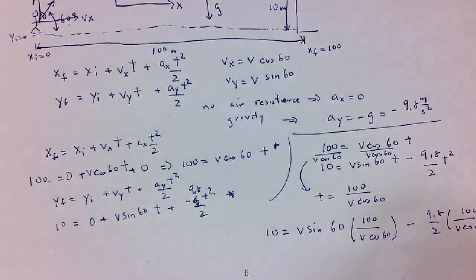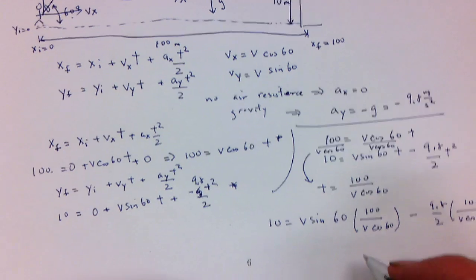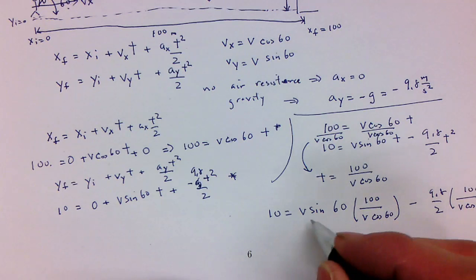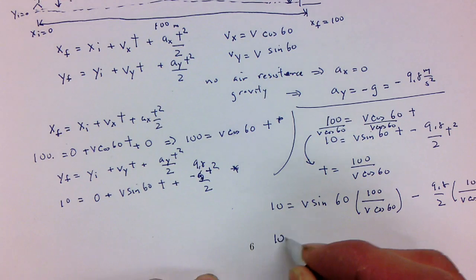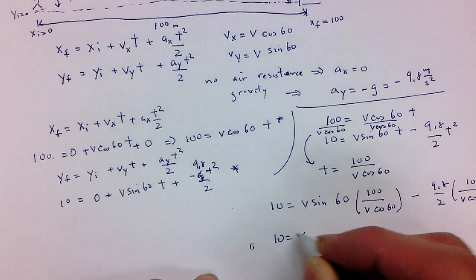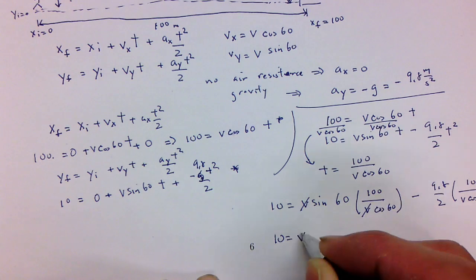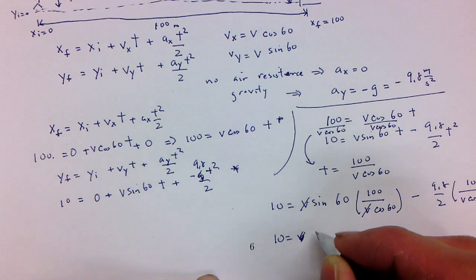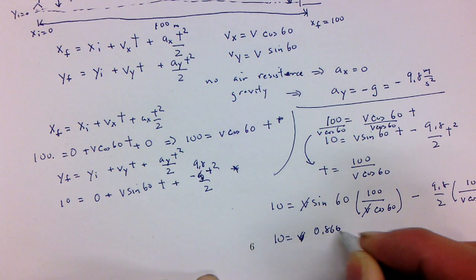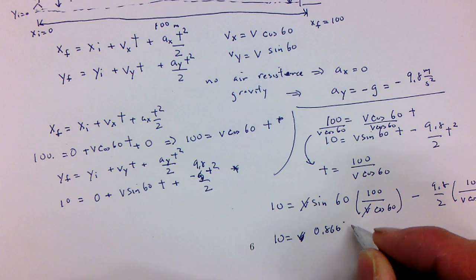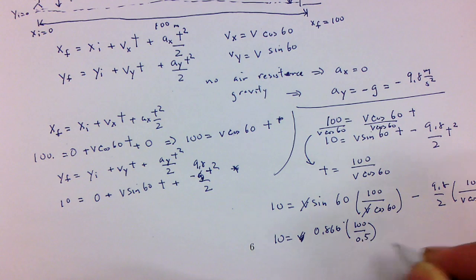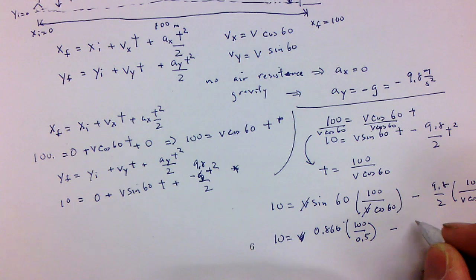To do so, we need to write down all the values that we know. 10 is equal to v sine 60 times 100 over v cosine 60, so this v will cancel out that v. The sine of 60 is just 0.866, and the cosine of 60 is 0.5, so it's going to be 100 divided by 0.5, minus 9.8 divided by 2.